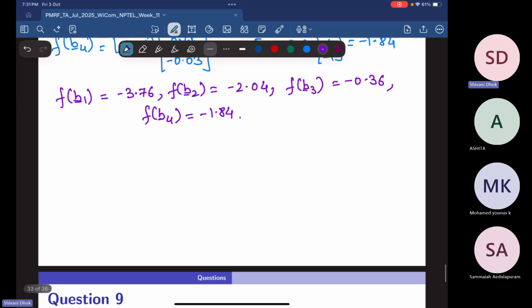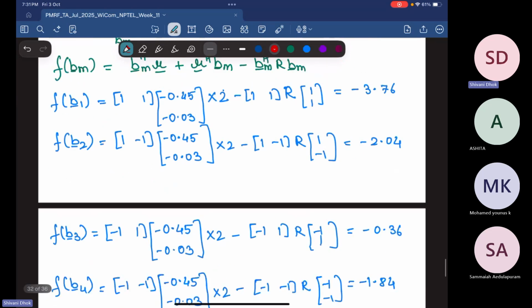So what we observe is b3 has the highest value, so we have f of b3 greater than f of b4, which is -1.84, then this is greater than f of b2, which is -2.04, and this is greater than f of b1.